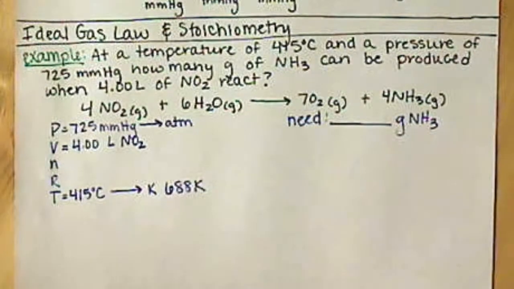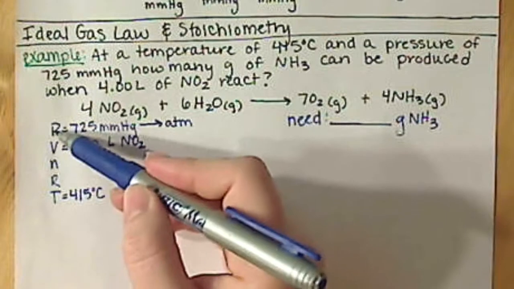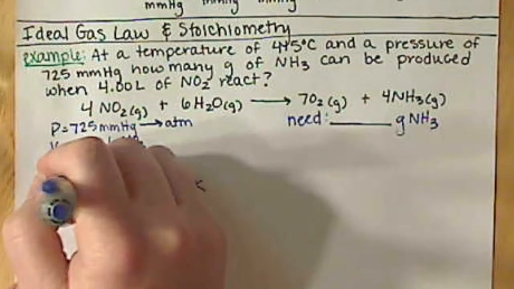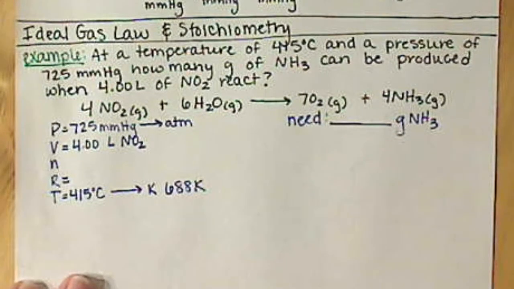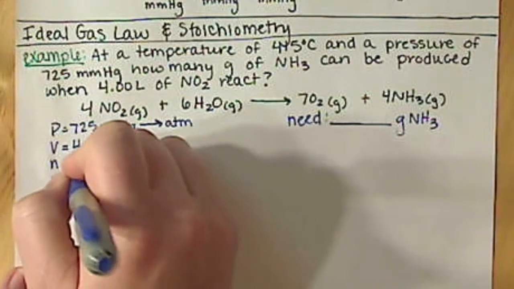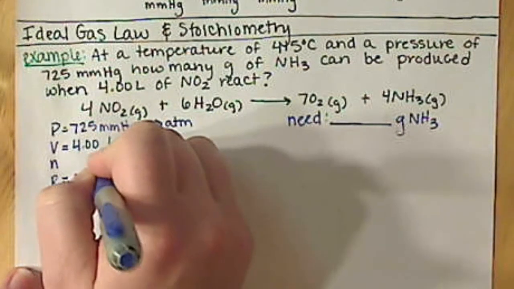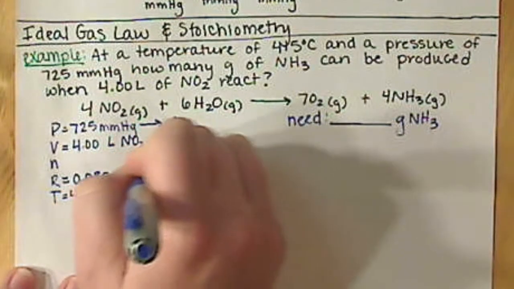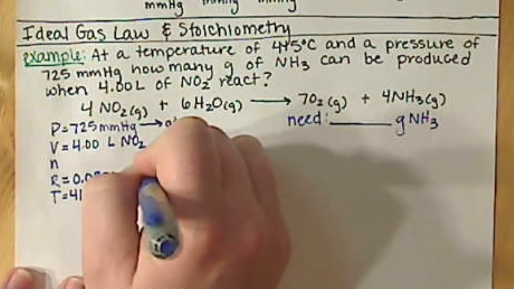I need those in liters, so we don't have to do any conversion there. I've been given pressure, volume, and temperature. The R value is always given to us, so we have 0.0821 liters times atmospheres divided by moles Kelvin.